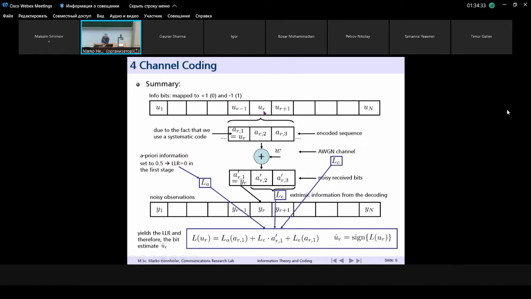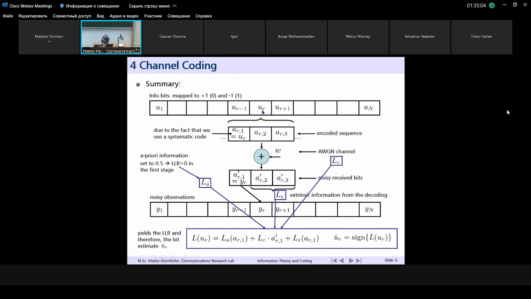We have this rate 1/3 encoder, which will produce the systematic bit being just the same as U_R, and the two encoded bits, one encoded from encoder 1 and one from encoder 2. Those are mapped to ±1 or ± square root E_C, and those are the values that are transmitted using an additive white Gaussian noise channel. And those are the received values then.